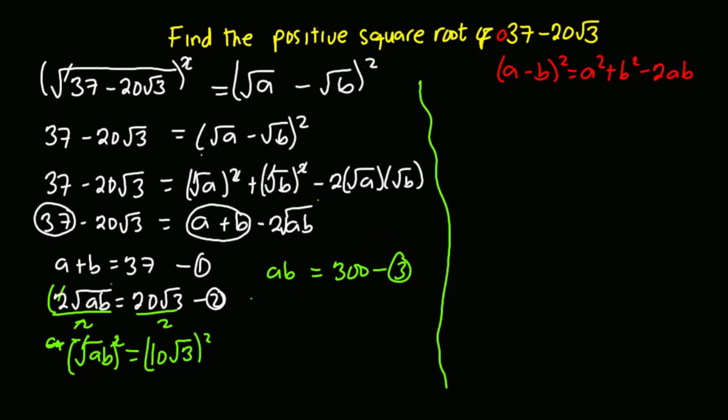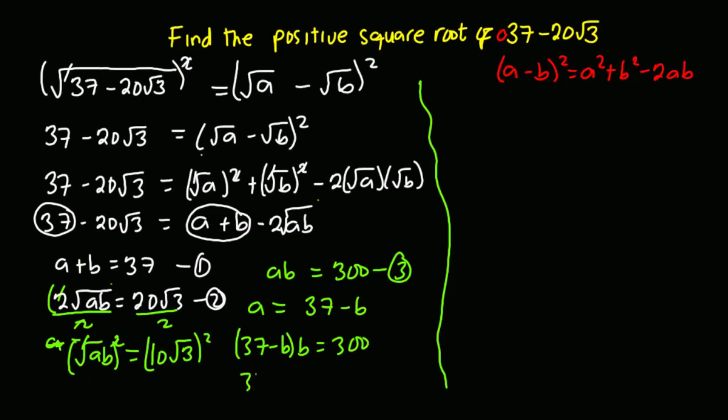Now in equation 1, we can make A the subject. So in equation 1, A is equal to 37 minus B. I'm just going to substitute that into equation 3. So that gives (37 minus B) multiplying B is equal to 300.